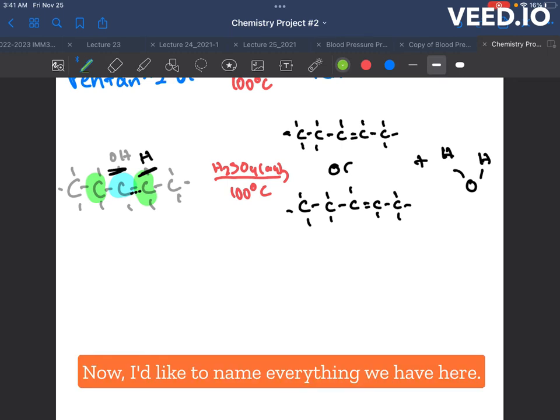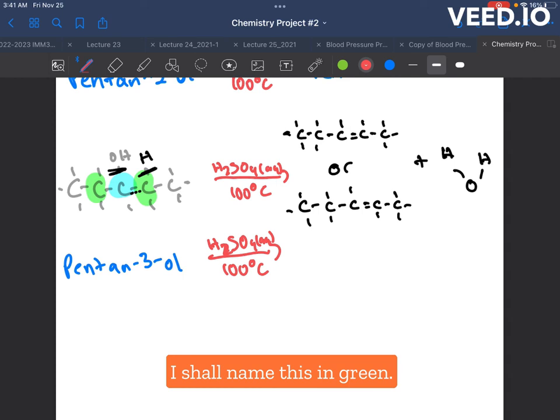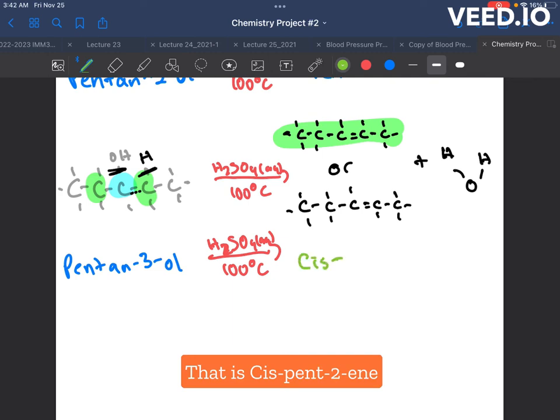Now, I'd like to name everything we have here. We have pentan-3-ol. Then we have our catalysts, sulfuric acid and at 100 degrees Celsius. I shall name this in green. That is cis-pent-2-ene.